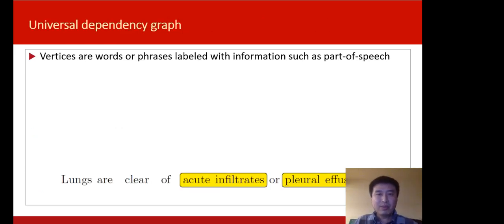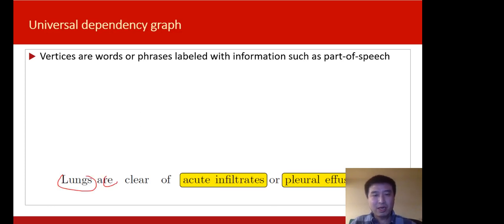The universal dependency graph contains vertices and edges to represent the syntactic and semantic information of a sentence. Vertices are words or phrases labeled with information such as part of speech or named entity mentions. In this sentence, lungs are clear of acute infiltrates or pleural effusion.